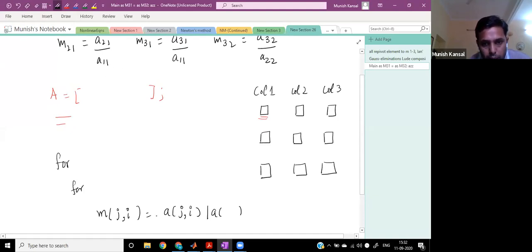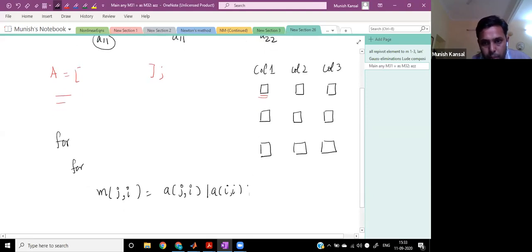So basically I will write I. Why? Because with the help of this, the second index is the pivot row. In the pivot row, I and J are always equal, right? So this is my first pivot, 1,1. So first I will write A(I,I). So this is the nice step to write down the multipliers.